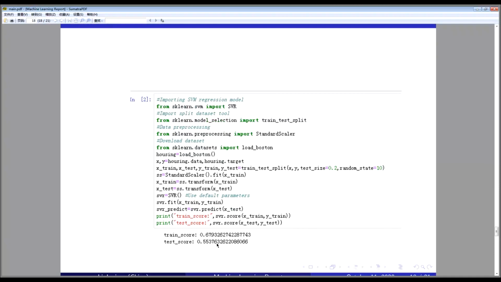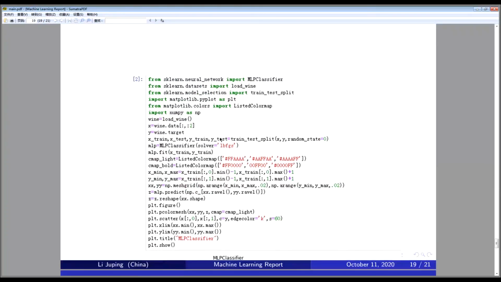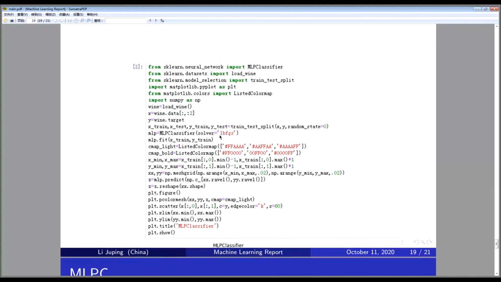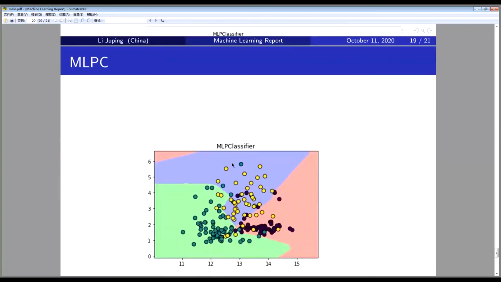This is a decision function model in neural network. And this is the result. My report is all. Thank you, everyone.